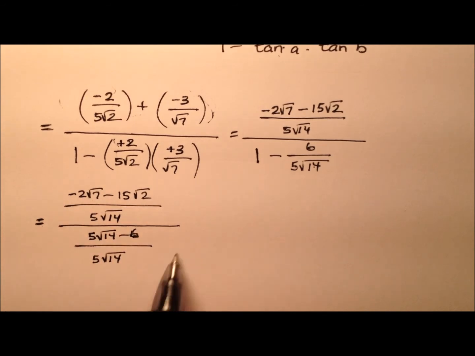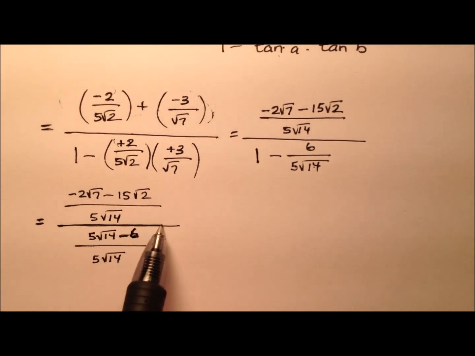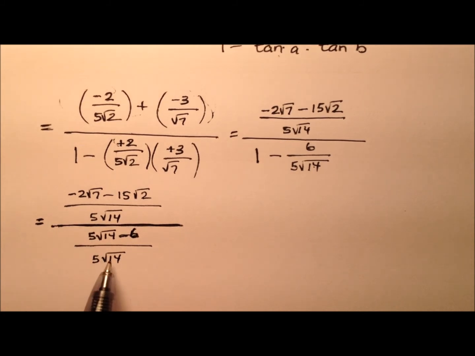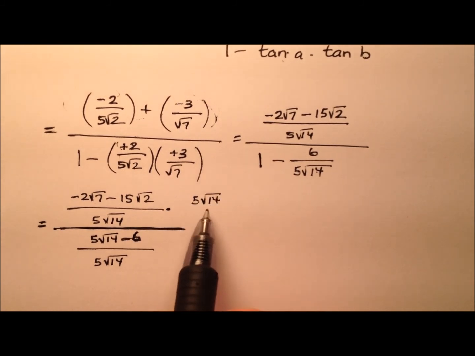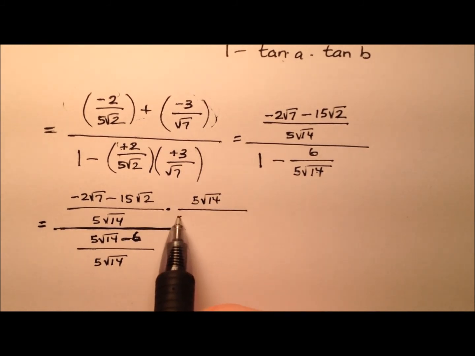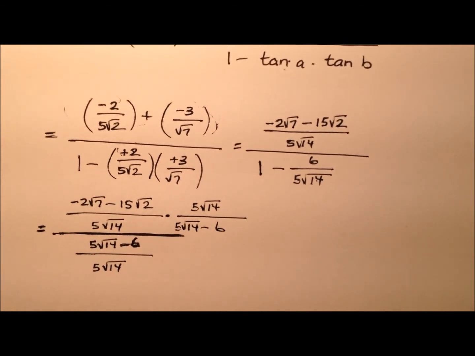So we have a nice complex fraction, and remember with complex fractions we're really doing division here, and division by a fraction means multiply by the reciprocal, so we'll flip this guy over. So 5 radical 14 over, and then of course we have that 5 radical 14 minus 6.